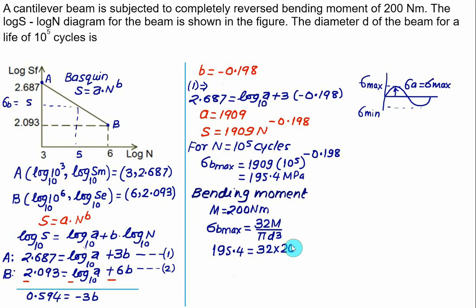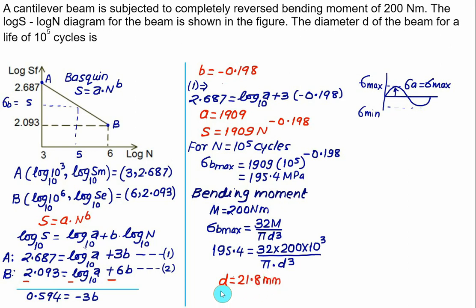That value you have to take as Newton mm, so you have to multiply by 10 to the power 3, and the whole thing is divided by pi into d cube. So the only unknown in this case is the diameter, and we can evaluate the diameter d, approximately, this answer is close to 21.8 mm.